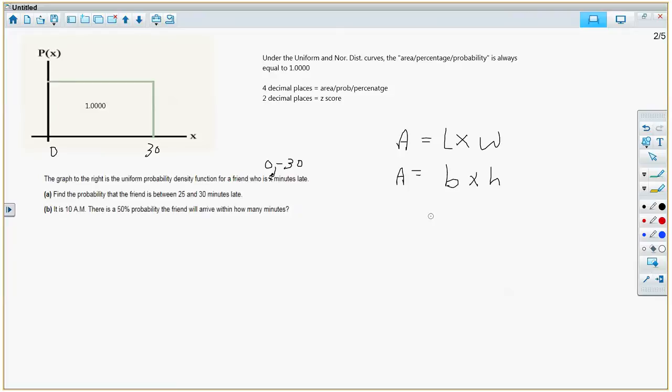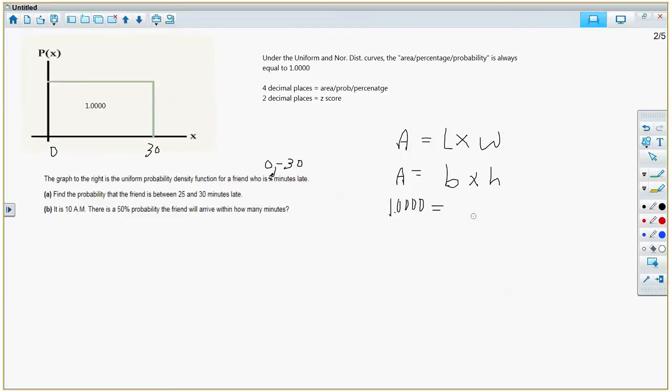So, what is my area? 1.000, yes. 1.000, 4 digits. In this chapter, chapter 7, you need to get used to area, percentage, and probability being the same number.